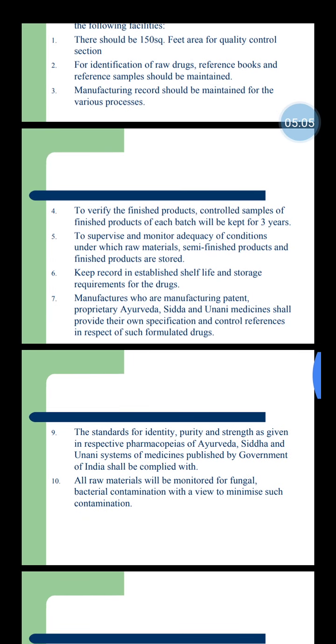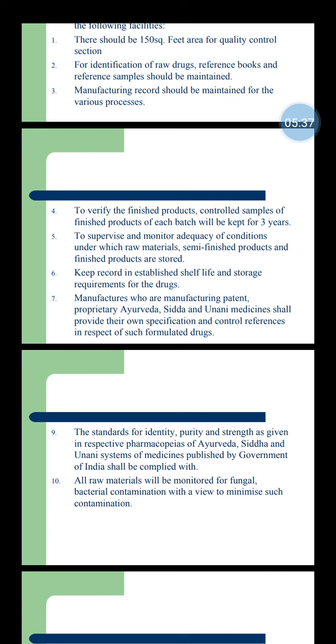Then, to verify the finished product, a control sample of the finished product of each batch will be kept for 3 years. It is a very important thing. To supervise and monitor the adequacy of conditions under which raw materials, semi-finished products and finished products are stored.